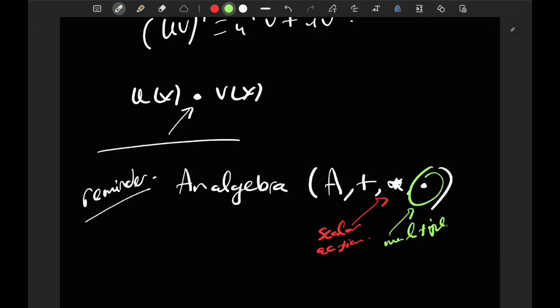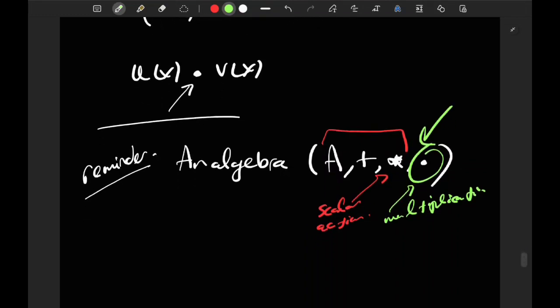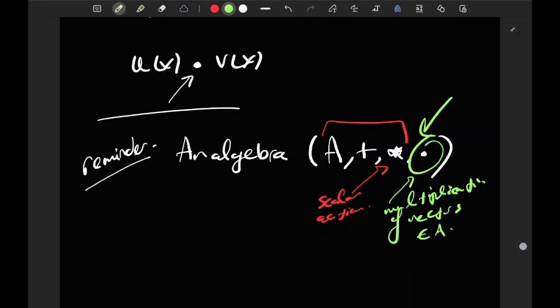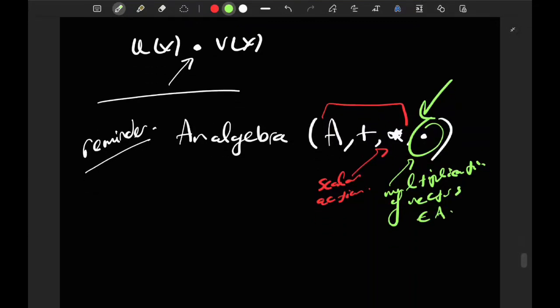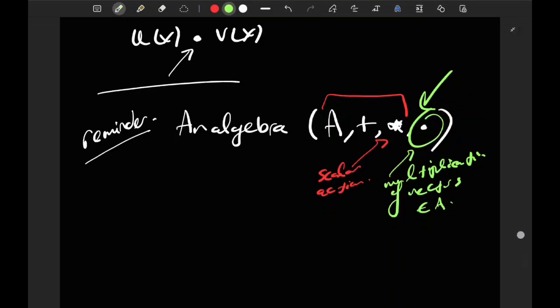So it is a vector space, and this additional part here allows you to multiply vectors by each other. So multiplication of vectors living inside A. That's an algebra. It's a vector space with a product structure of vectors.